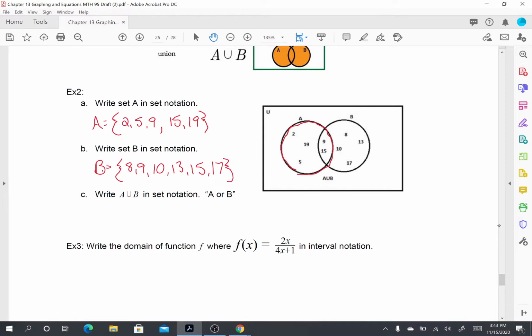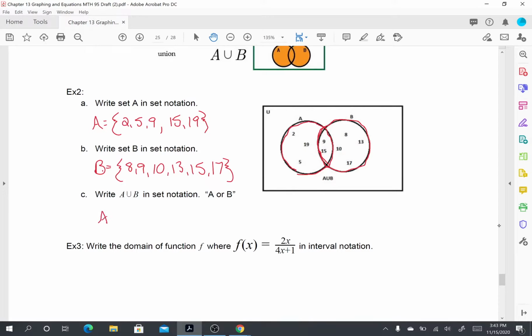Write A union B in set notation, which is the same thing as A or B. So that's all the stuff in A, and it's all the stuff in B, and it also includes that intersection region.